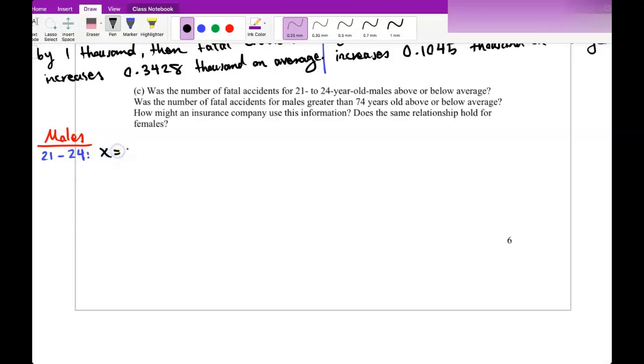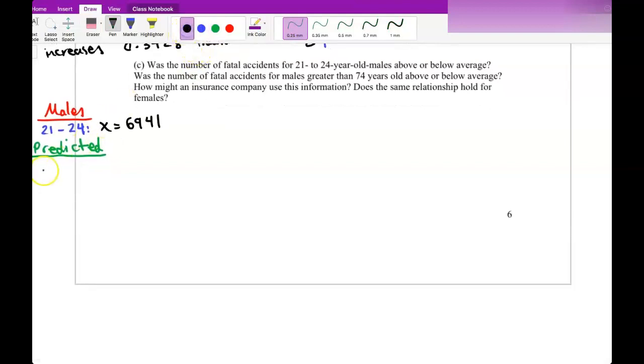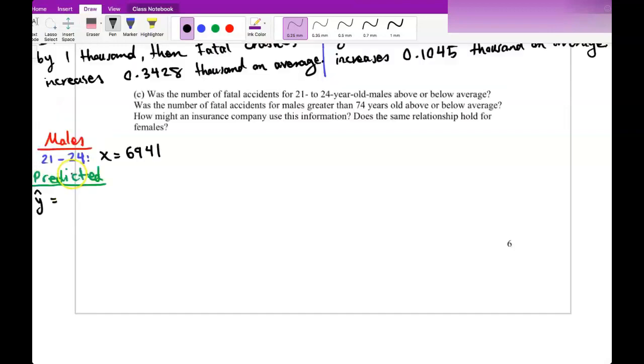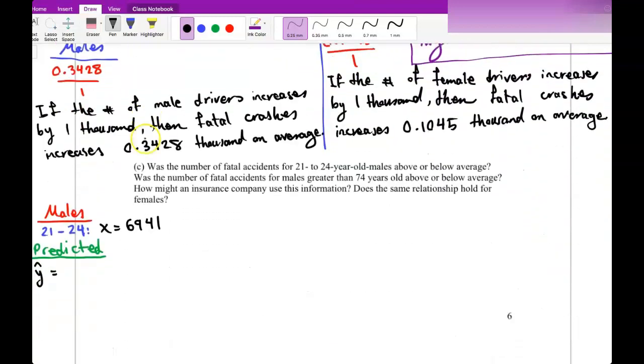X from the table is 6,941. Finding what predicted is: y hat is equal to, based on our line here on top, instead of x we have 6,941. We find the predicted value.